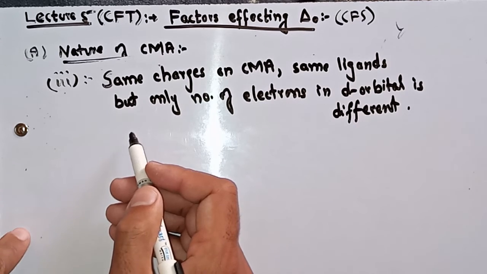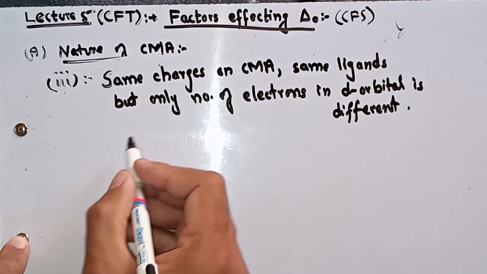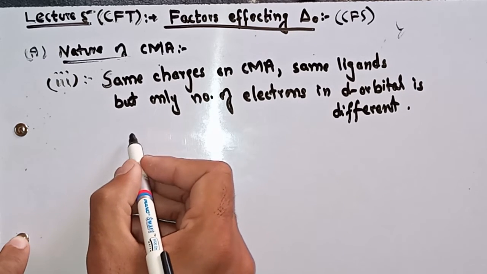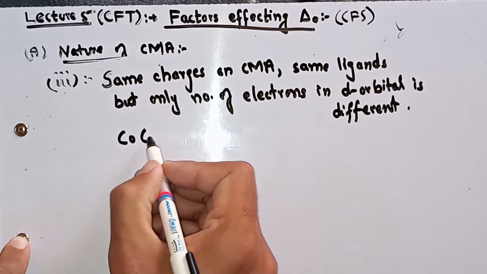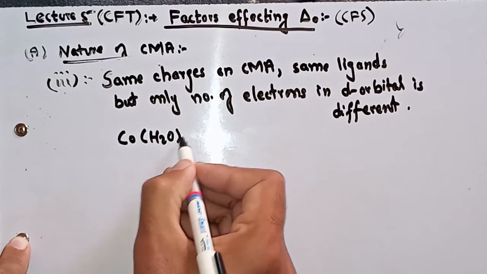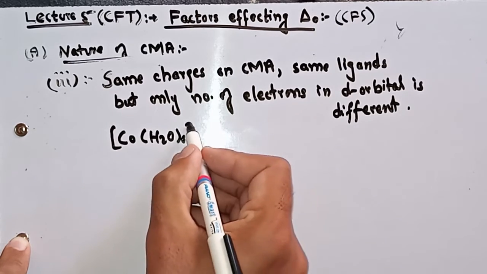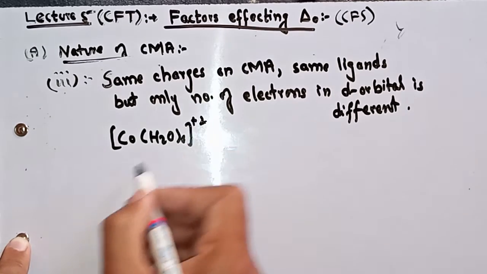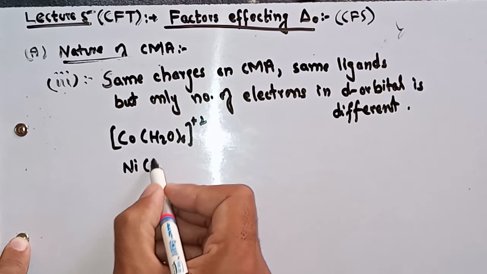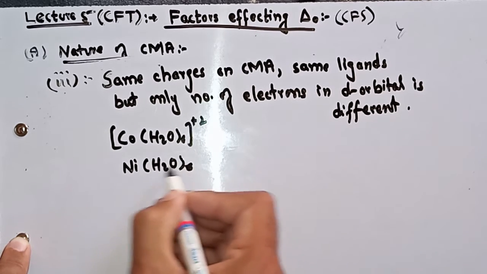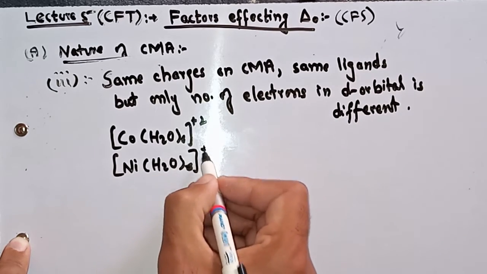Let me explain with an example. Here is [Co(H2O)6] with a plus 2 charge, and here is [Ni(H2O)6] with a plus 2 charge.